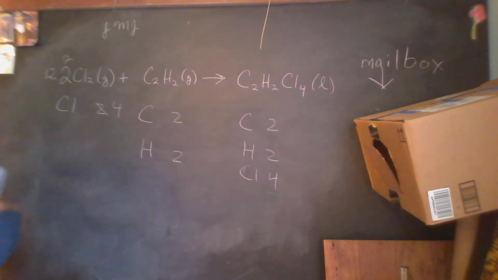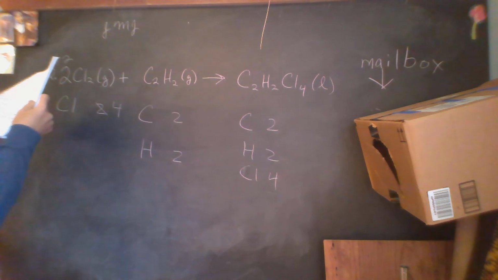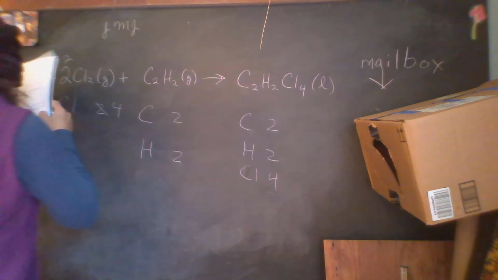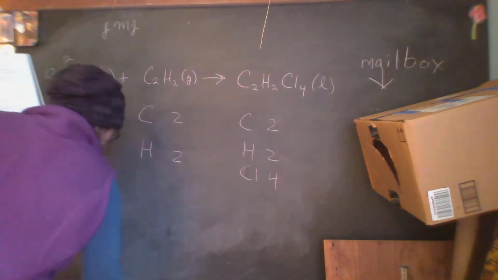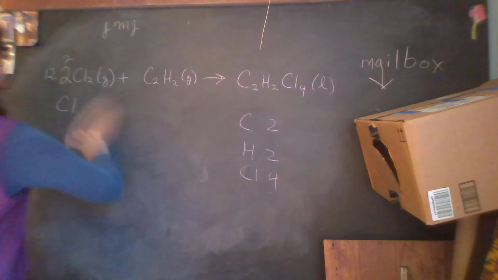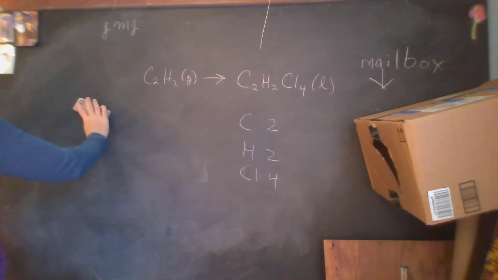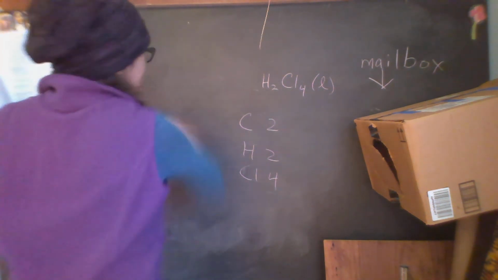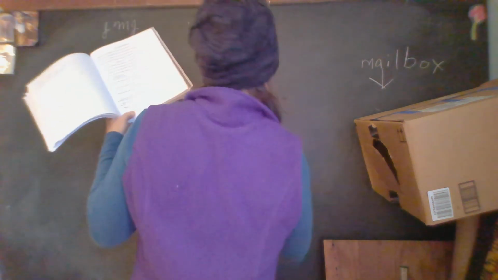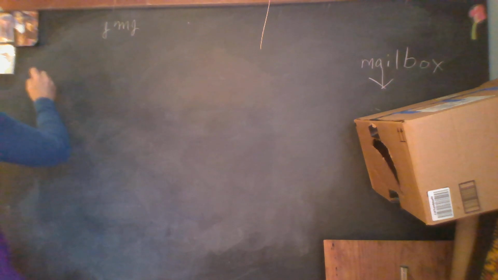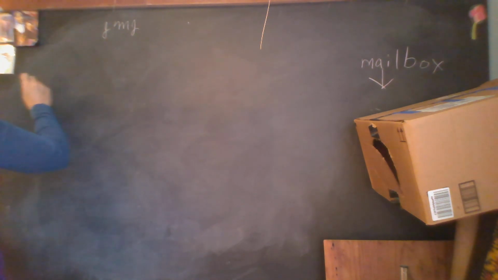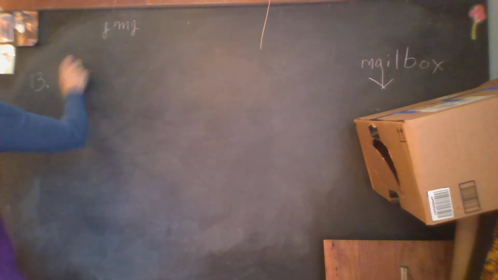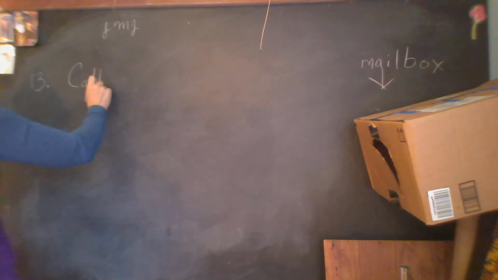Number 13. When C9H20 reacts with oxygen, it makes carbon dioxide and water. Okay, so we have to be able to write down the chemical formula for all of those substances that we mentioned. So let's look at number 13. C9H20.